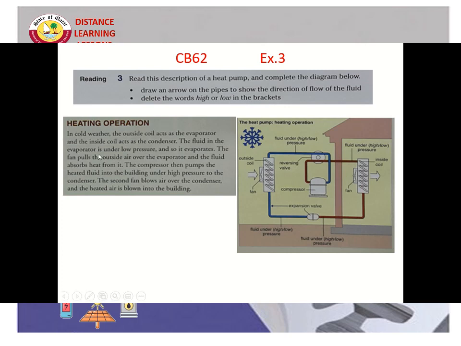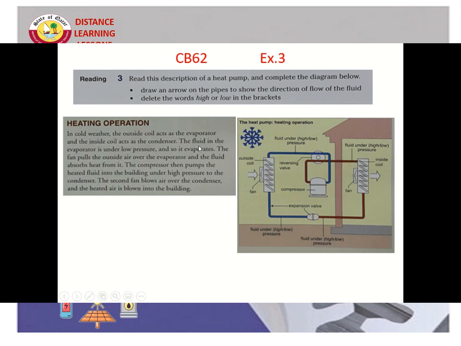Now let's start from here. In cold weather, the outside coil acts as the evaporator. Now, this is the outside coil, so it acts as the evaporator in cold weather. And the inside coil acts as the condenser, and this is the inside coil.